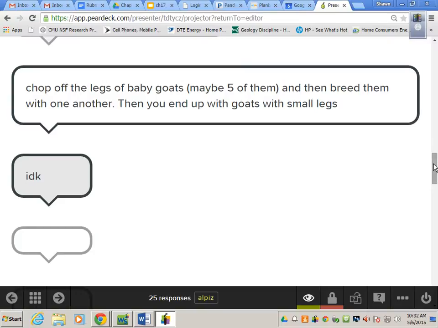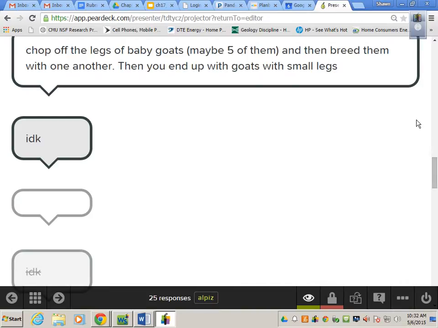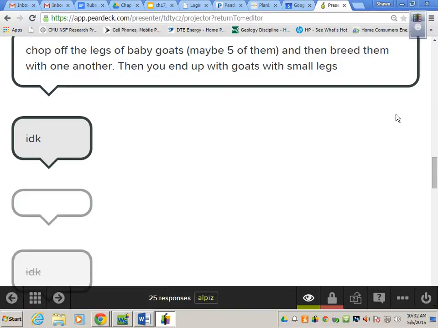I don't think tanning's going to help them be any shorter. No, see how we just got the rolling pin and went right over that and flattened it right out? No. Chop off the legs. Oh my gosh, what in the world?